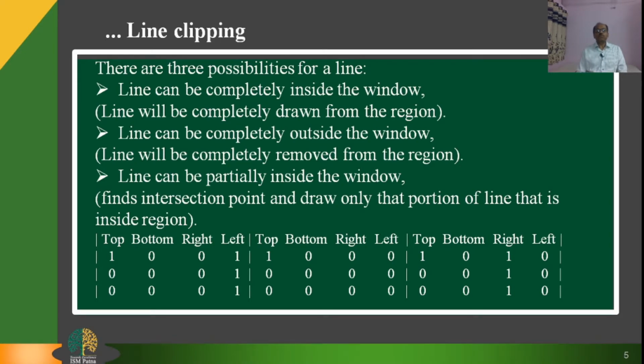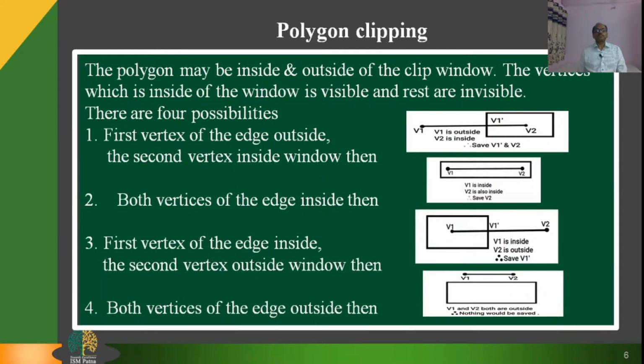We took a coordinate with 4 bits like top, bottom, right, left, and accordingly we place their position: if that is inside the window then 1, and if that is outside the window then that is 0. So, in the matrix on screen we were viewing the status. So, this was the way of line clipping.